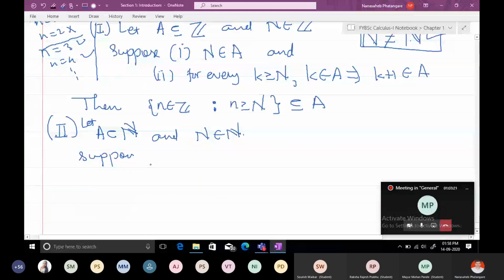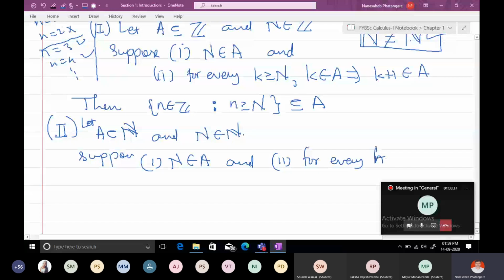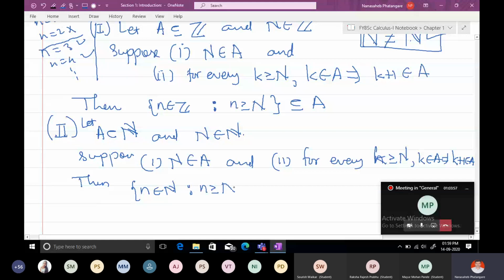Suppose n is a member of A, and for every k greater equal n, k is in A implies k plus 1 is in A. Then the set of natural numbers which are greater than or equal to this particular n is a subset of A.